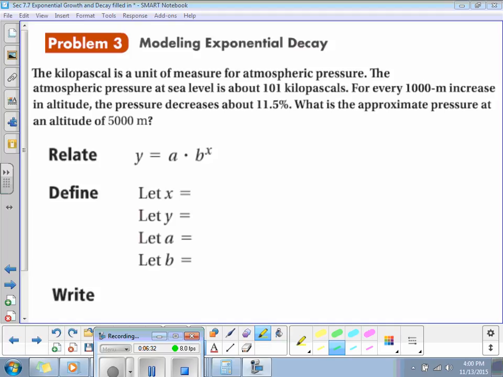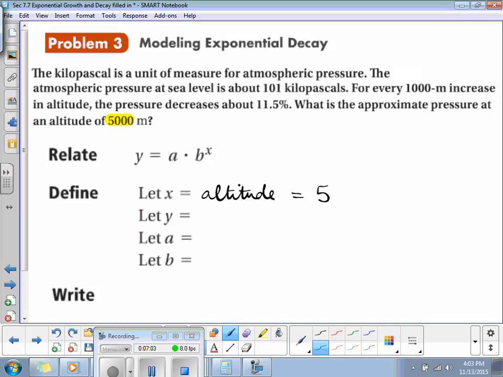So again, the first thing we need to do is figure out our x, y, a, and b. So we're going to let x be equal to the altitude in thousands of meters. So here, the altitude that we're searching for is at 5,000 meters. So we're going to say that x is equal to 5. Y is the approximate pressure at 5,000 meters.